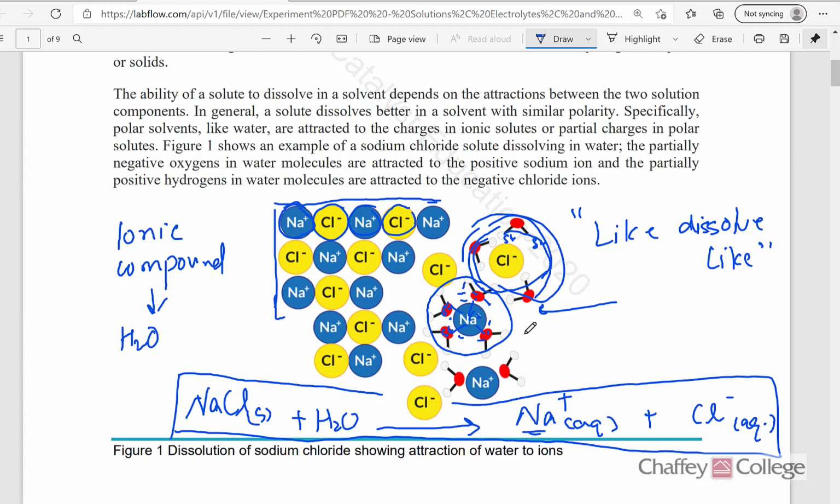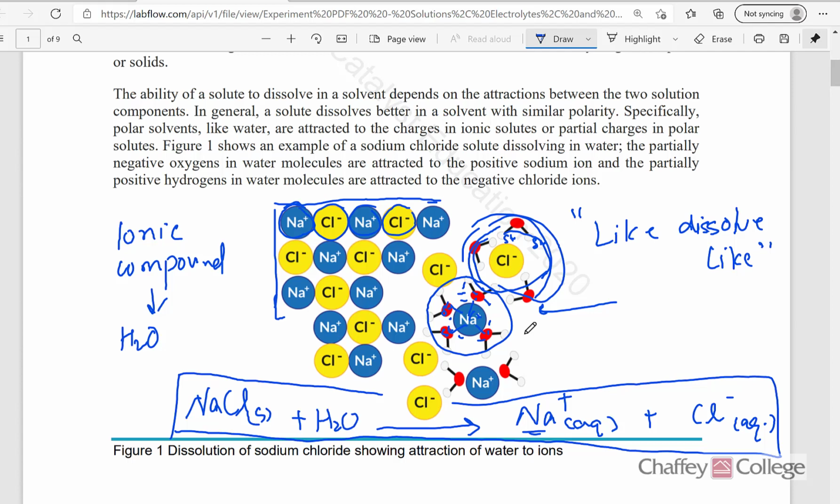Now, many polar covalent compounds such as sugar or glucose also dissolve in water. But in polar covalent compounds, there are no ions, so they do not split or break into individual ions. They just dissolve, and that solubilization is because of the formation of hydrogen bonding.